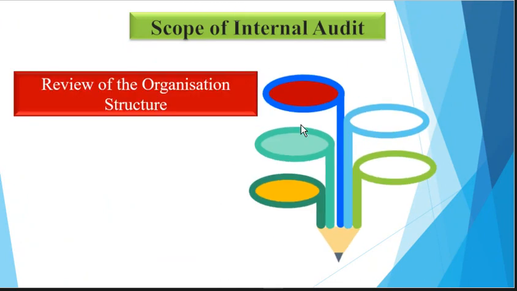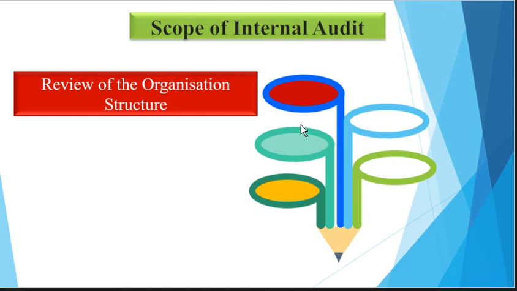The internal auditor should conduct an appraisal of the organizational structure to ascertain whether it is in harmony with the objectives of the enterprise and whether the assignment of responsibilities is in consonance therewith. For the purpose, he should review the manner in which the activities of the enterprise are grouped for managerial control.